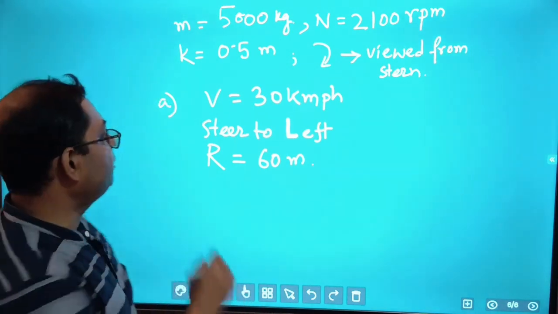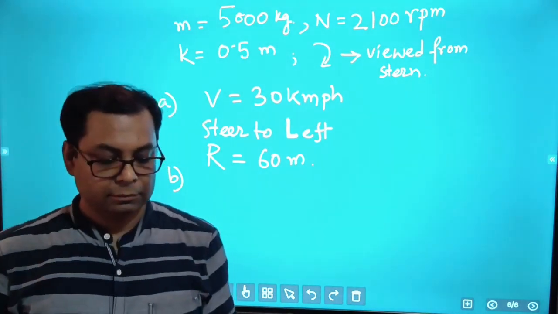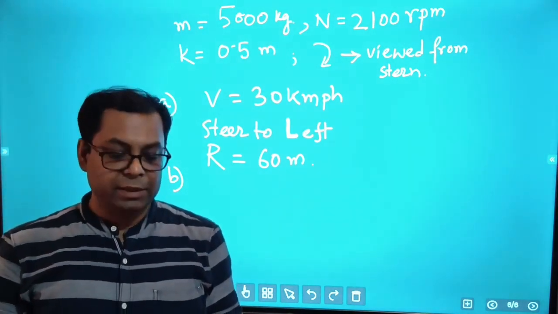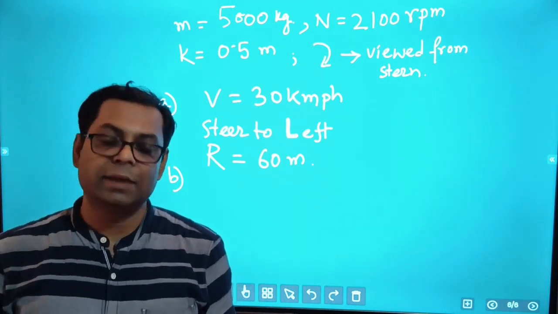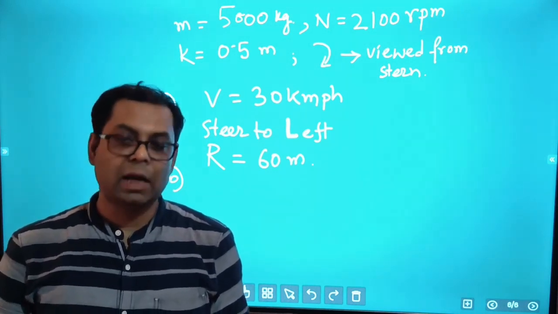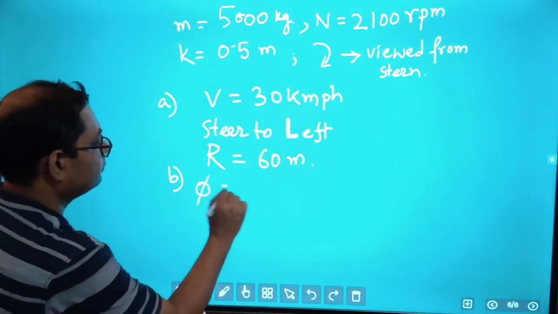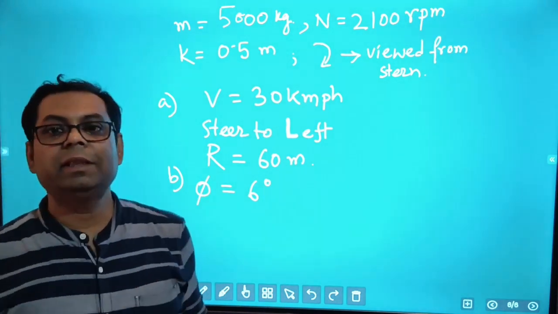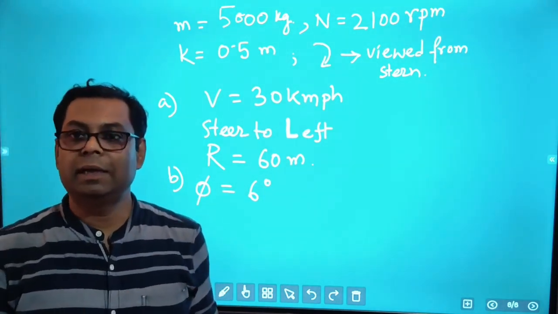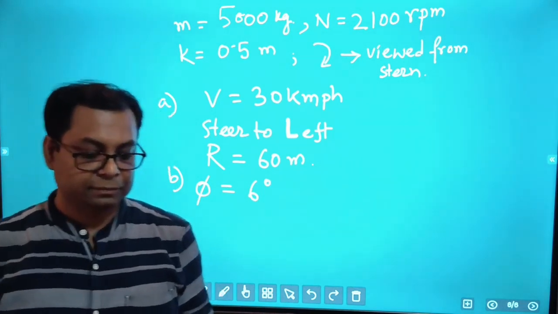Second part, that is part B. The ship is pitching 6 degrees above and 6 degrees below the horizontal position. It is directly given that 6 degrees above and 6 degrees below the neutral or horizontal position.